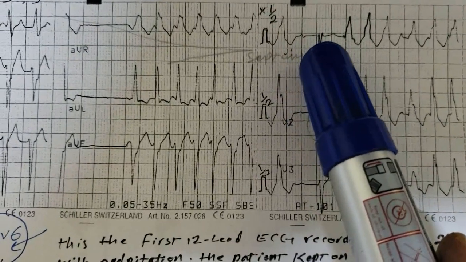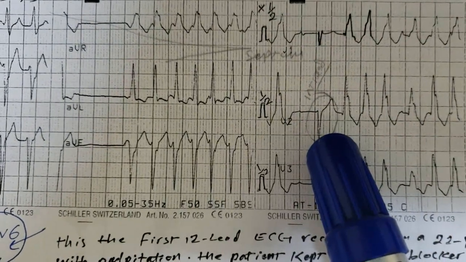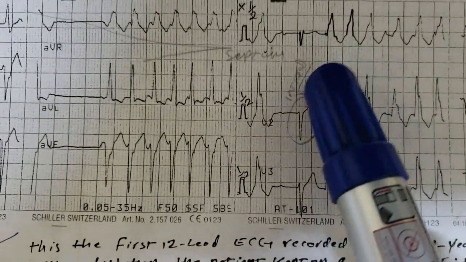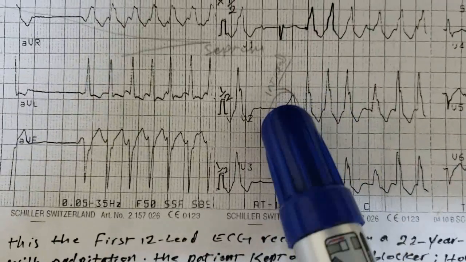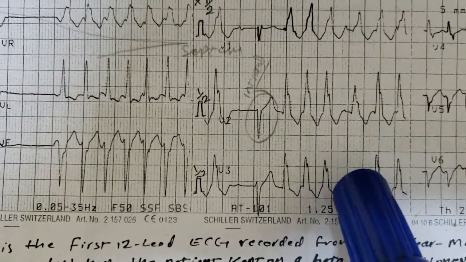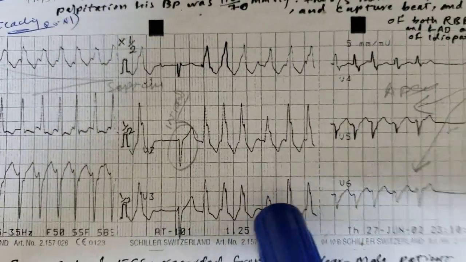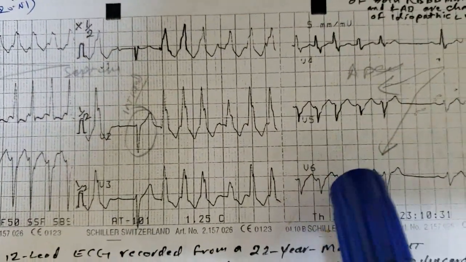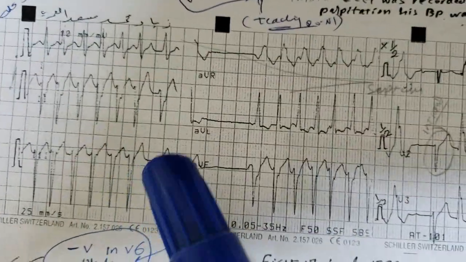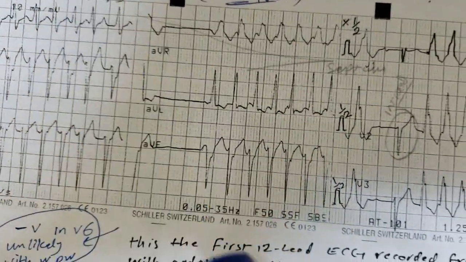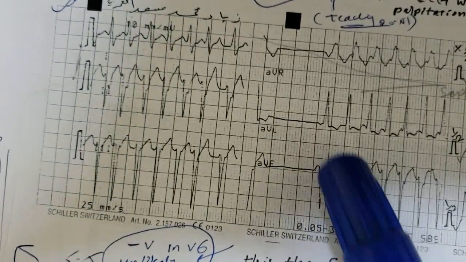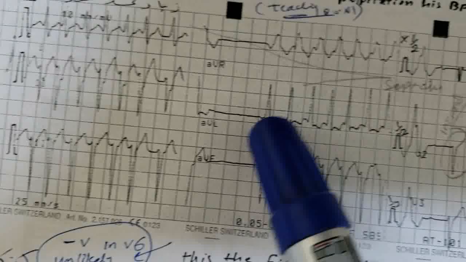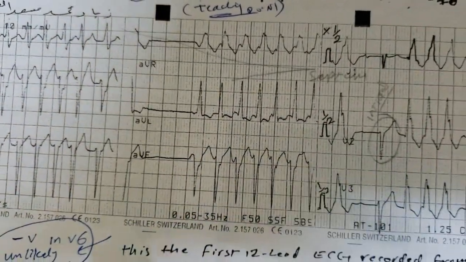This is the fusion beat above, and this is the capture beat before the runs of VTAC, opposite to the normal sinus beat. This is also diagnostic of VTAC, and the presence of QS in V6 plus left axis deviation is also diagnostic of VTAC, and retrograde conduction, there is an AV dissociation, also diagnostic of VTAC.